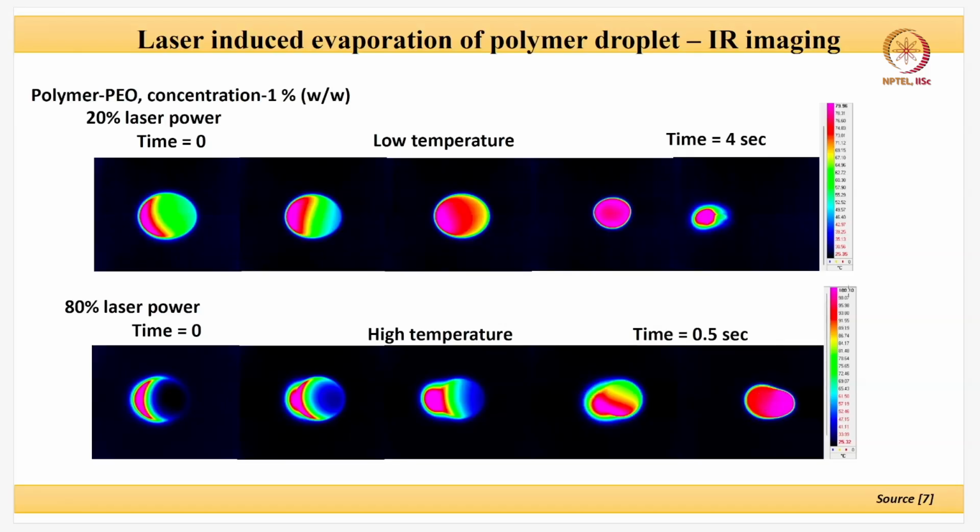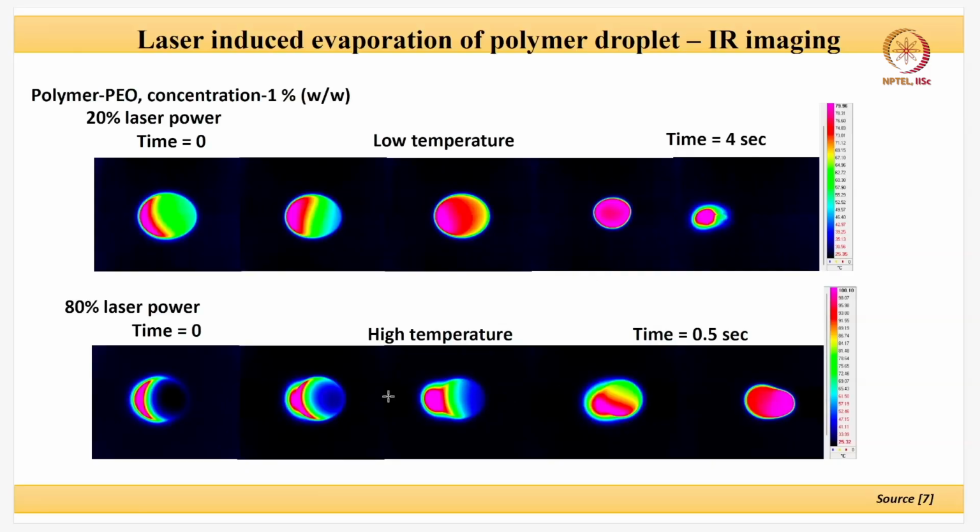The temperature goes very high, at around 100 degrees Celsius or so, and there is a temperature differential of right about 8 or 9 degrees, even within a droplet which is very small in size. Remember, these droplets are sub-millimeter droplets to begin with, but this is illuminating that you can capture this level of detailing, okay, from using an IR camera, when there is an asymmetric heating of the droplet.